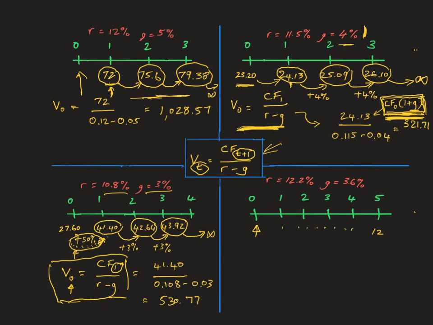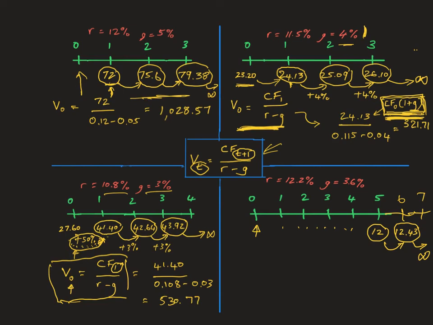In this case, we have a perpetually growing series of cash flows, which inconveniently begins only at T5, and that's fine because we then visualize our chain of perpetually growing cash flows beginning at T5.